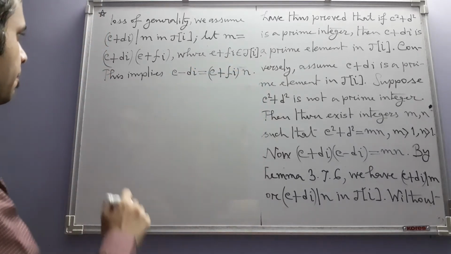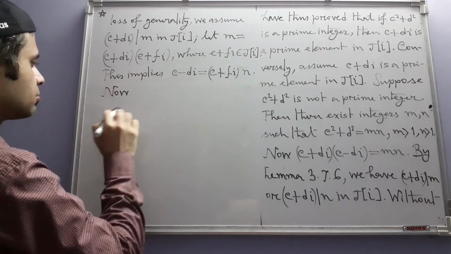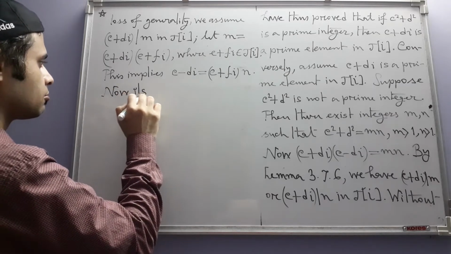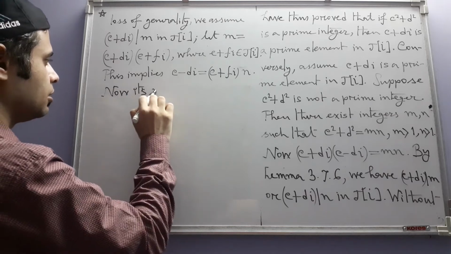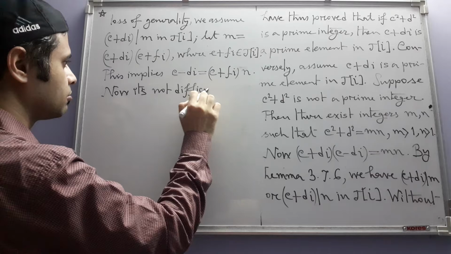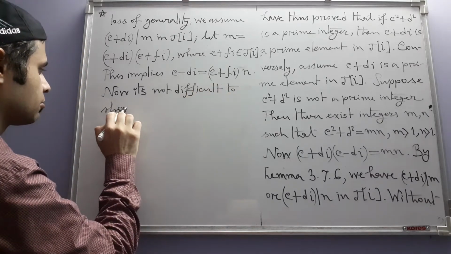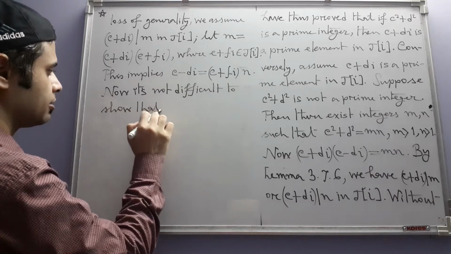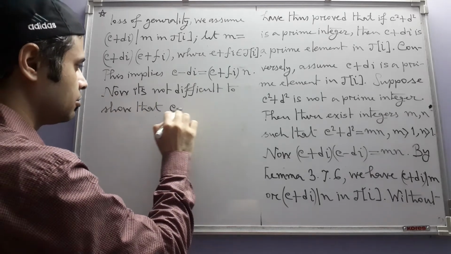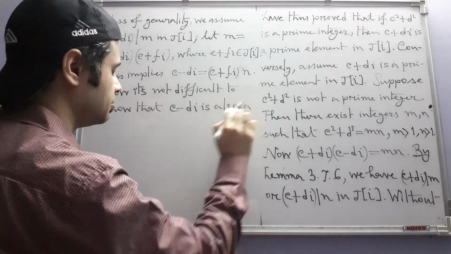Okay, now it's not difficult to show that C minus di is also a prime element.